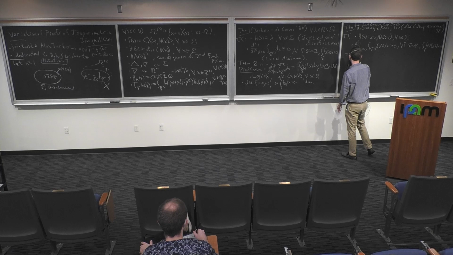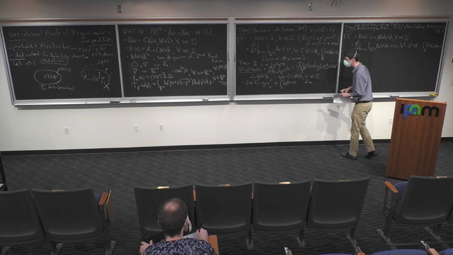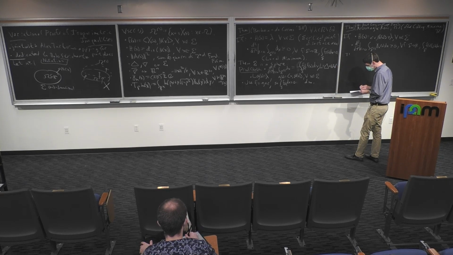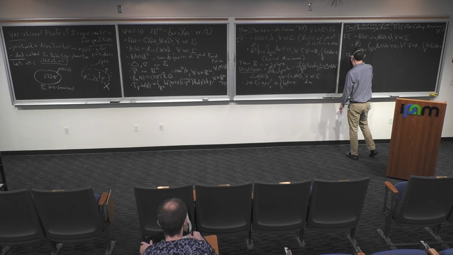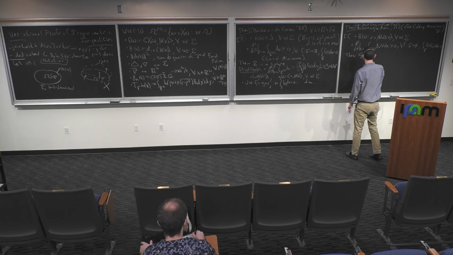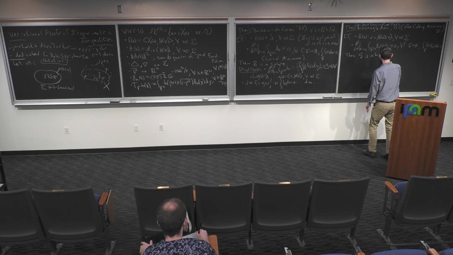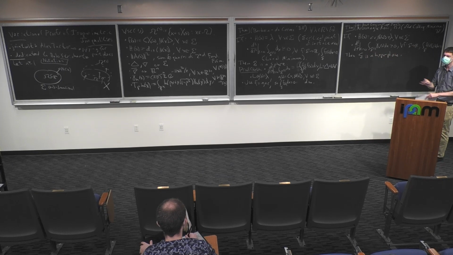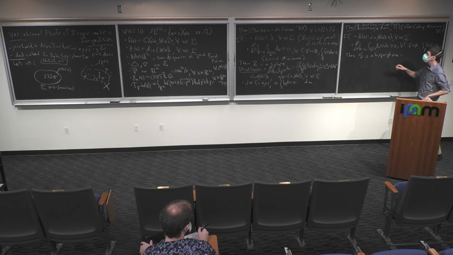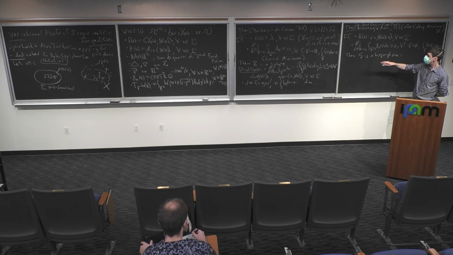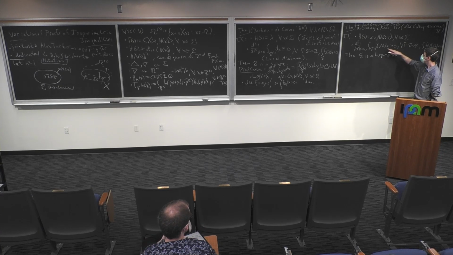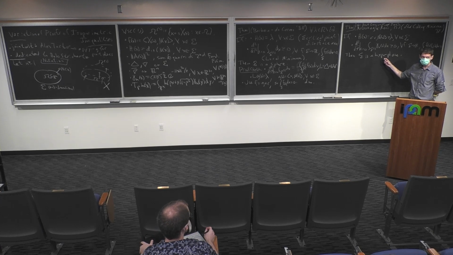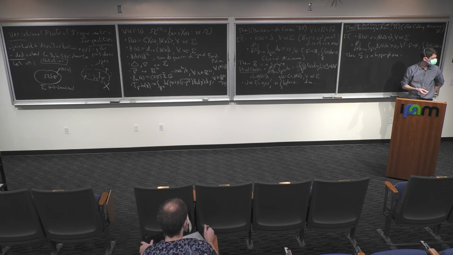Then the conclusion is sigma must be a hyperplane. We have to worry about things being non-compact, but you can deal with that. The point is, you get a similar statement here: the only local minimum of Gaussian surface area is the hyperplane.